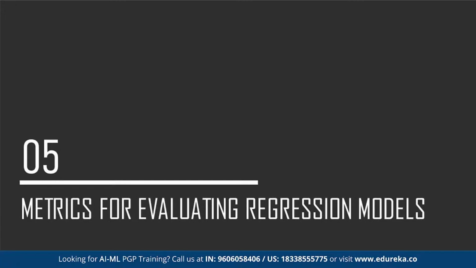Moving further, when we talk about machine learning, I'm supposed to talk about the different types of machine learning: one is supervised learning, another is unsupervised learning, and finally reinforcement learning. Coming to supervised learning, it also has a lot of limitations.